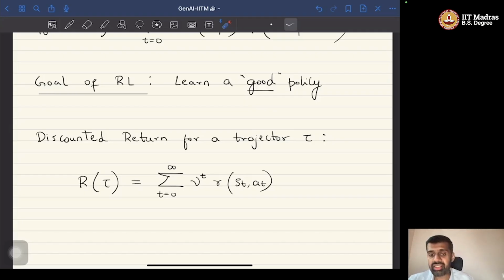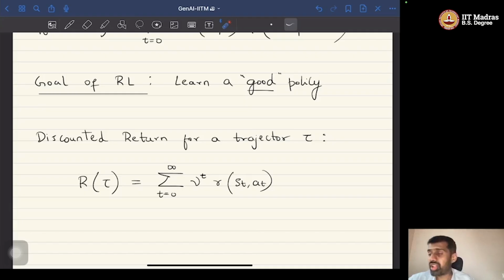Because the actions that are taken closer to a given time step t have to influence the policy more compared to the actions that are taken much later. That is accounted for by just multiplying the reward by a constant raised to power t.